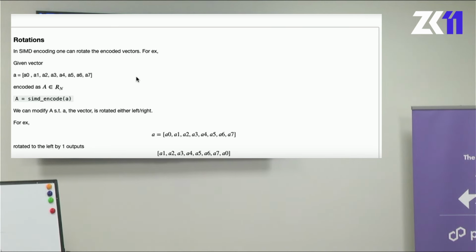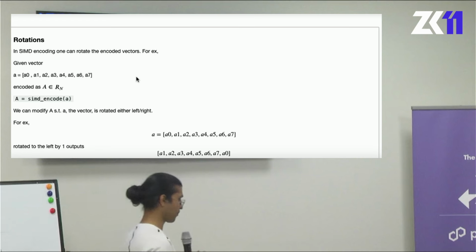For example, if you want to rotate this vector to the left by 1, you change this polynomial in a way such that it becomes this. These are rotations.